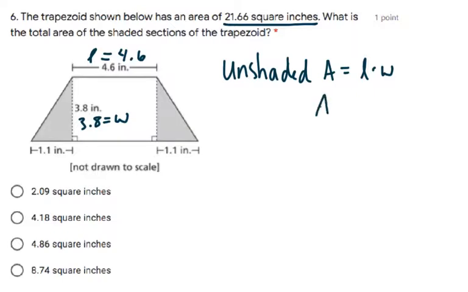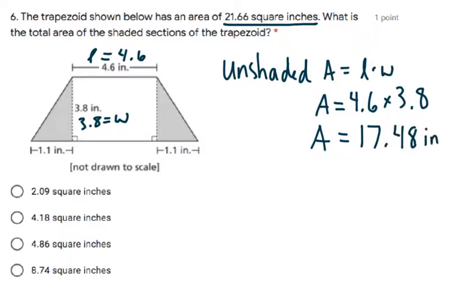So I'm just going to plug them into my formula. A equals 4.6 times 3.8. And I used a calculator to tell myself that that would be 17 48/100 square inches. So now that I have the unshaded area, I can find the shaded area. I know that the total area of the trapezoid is just the combination of the shaded and unshaded areas. So I'm going to fill in what I know and what I don't know and treat it like an algebra equation.